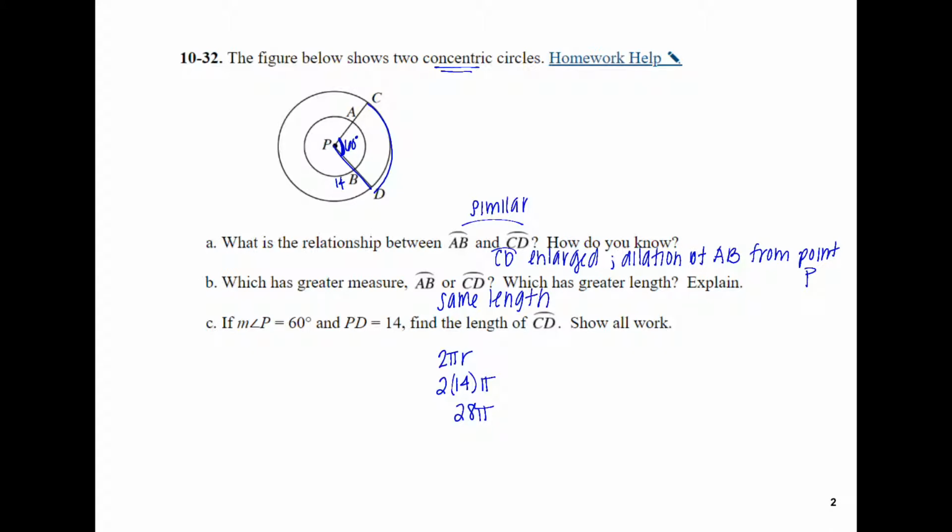We then only want a piece of our circle, so 360 divided by 60 gives us 6. So if we divide 28 pi by 6, we get approximately 14.7 units.